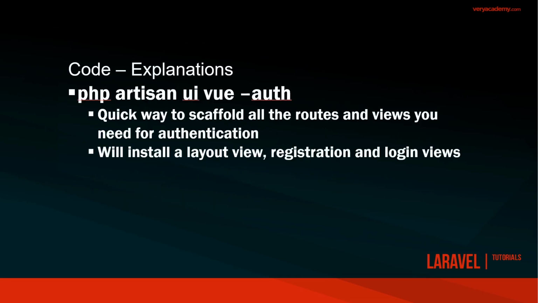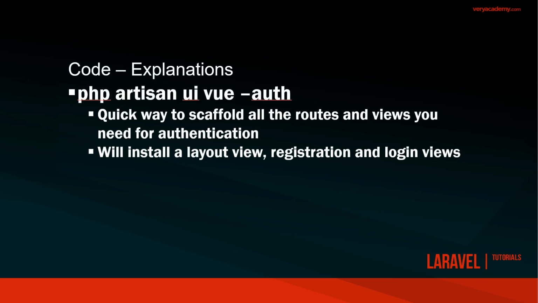So next up, we use php artisan ui vue --auth. So here what we're doing, we're setting up Vue in our application. So what we want to do is quickly scaffold all the routes and the views that we need for the authentication.